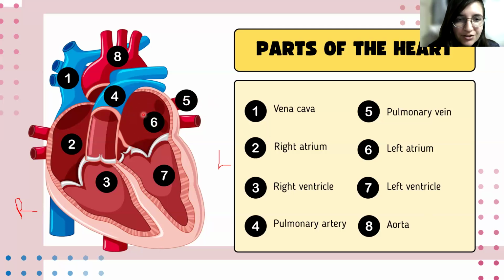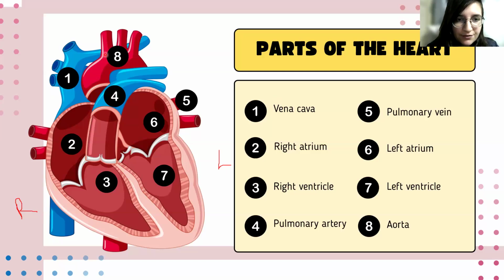And from the left atrium, the blood will go down to number 7, the left ventricle. And remember, this blood has oxygen. It needs to be taken to the rest of the body because the body needs oxygen. And then from the left ventricle, it's pumped out through number 8. Number 8 is the one that goes to the rest of the body. It's called the aorta.